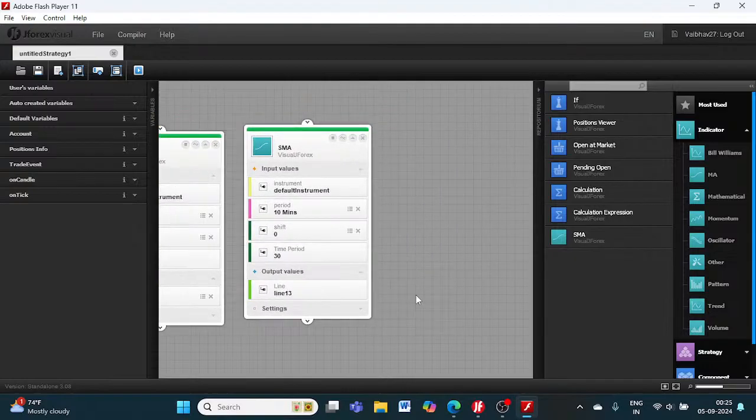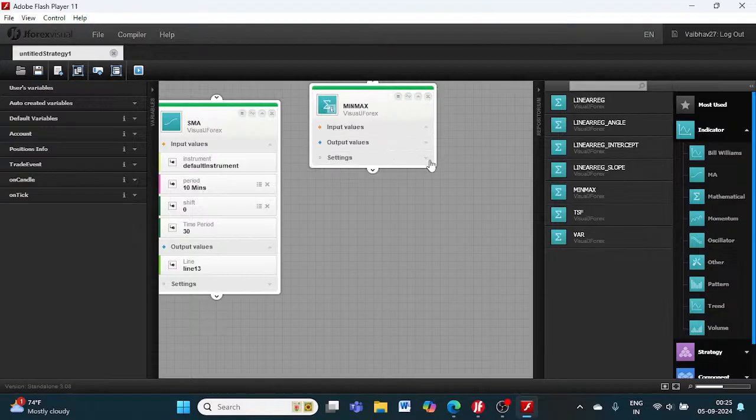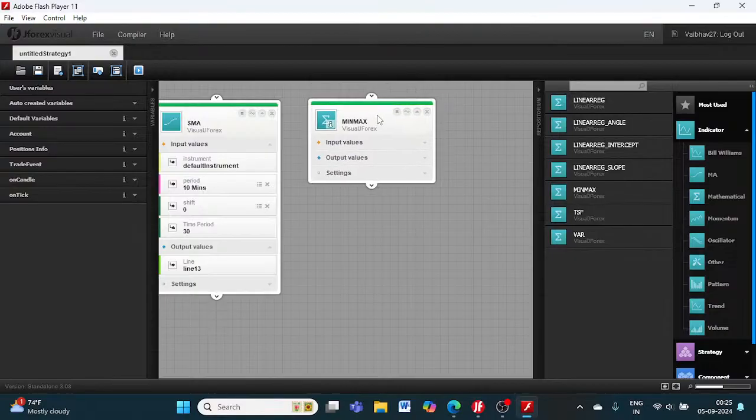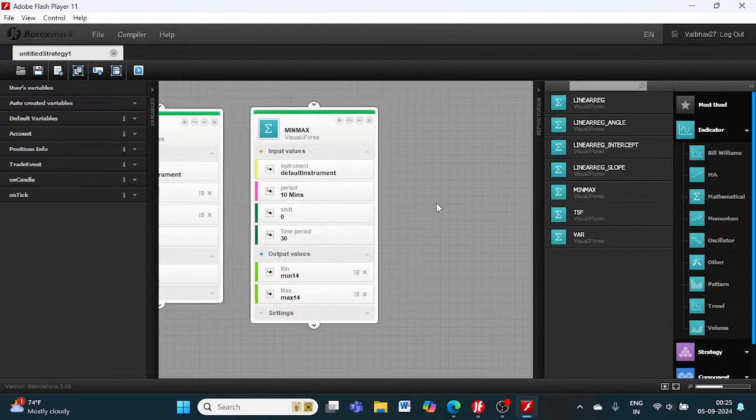Here we have these four of the SMA blocks. Then we are going to rely on the mathematical indicator of the min-max. Here we will need two of these because we are also doing comparison of the min-max.